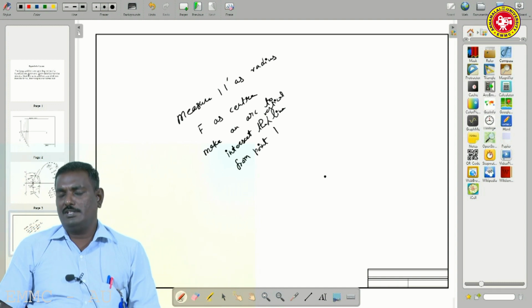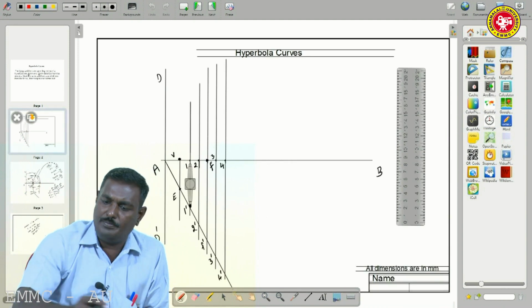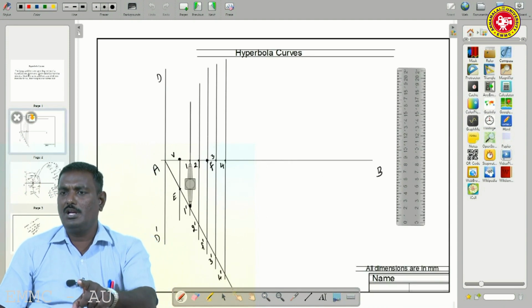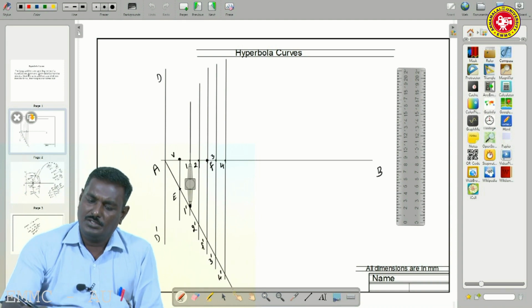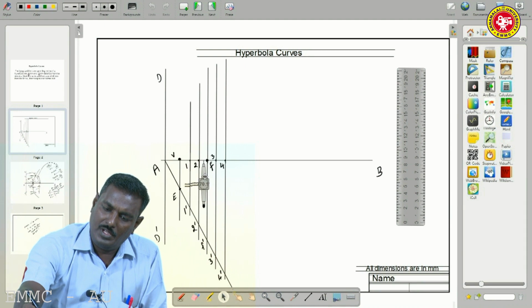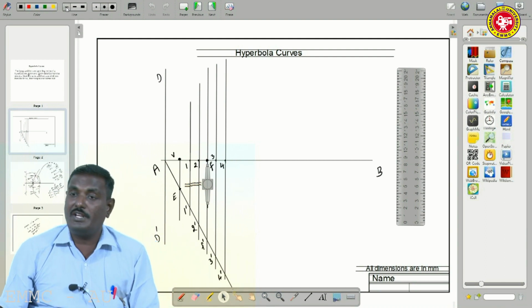So now we have measured 1 dash as radius, and keeping F as center, make an arc to intersect.